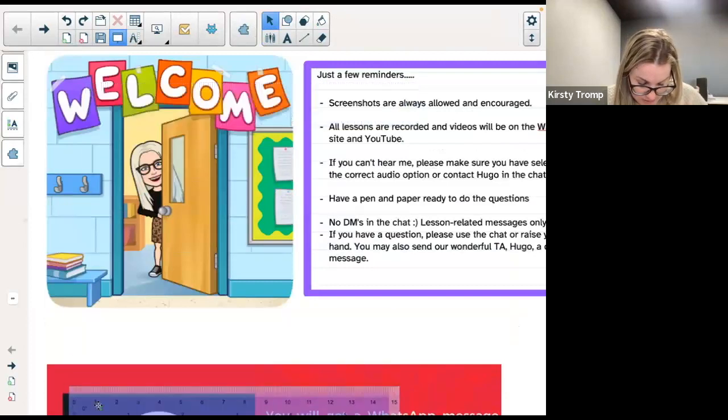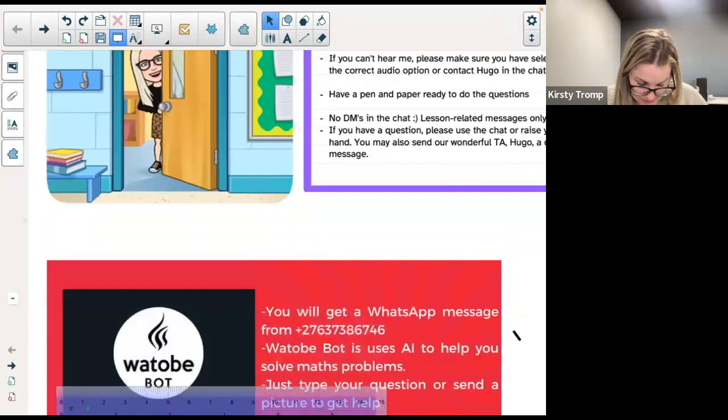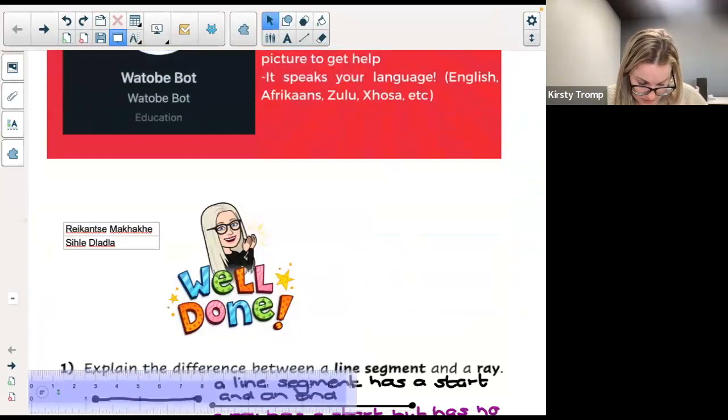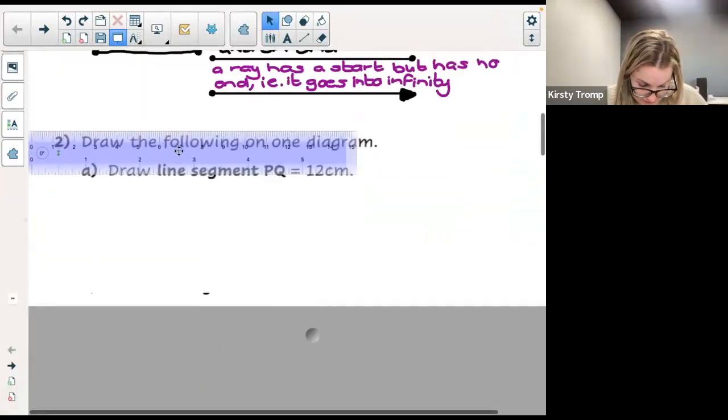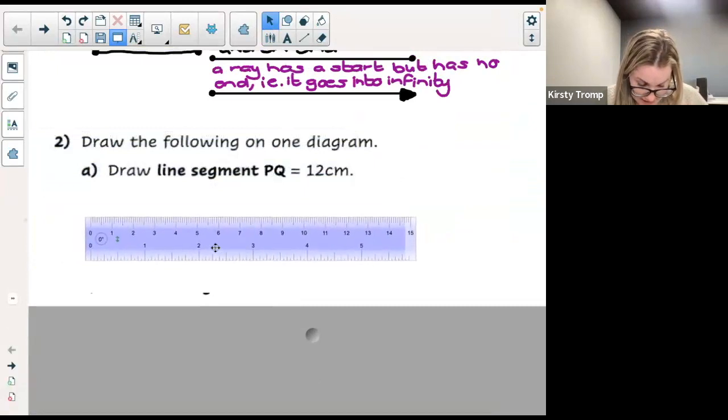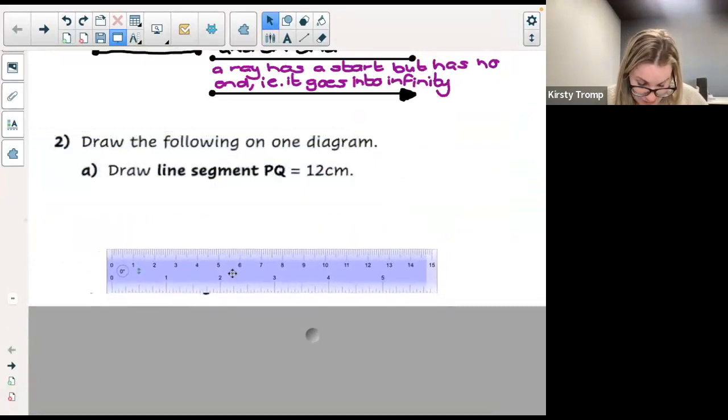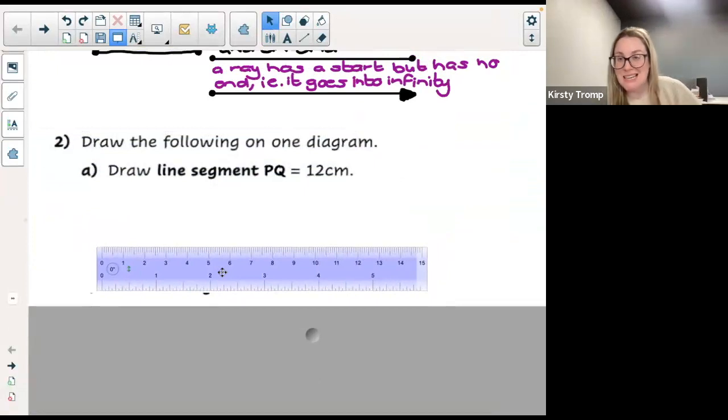Okay, so let's go down to our lesson quickly. So here is my ruler, and I need to draw a line segment of 12 centimeters. Okay, guys, when we're drawing in geometry, you do not need to use a pen.